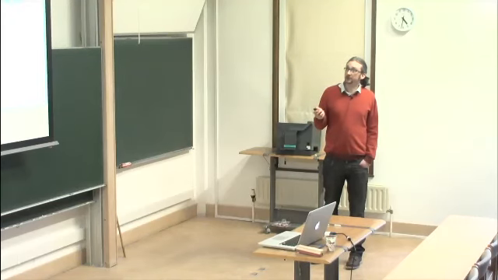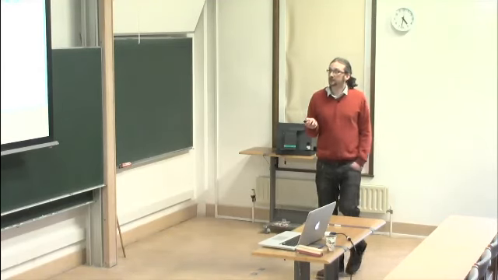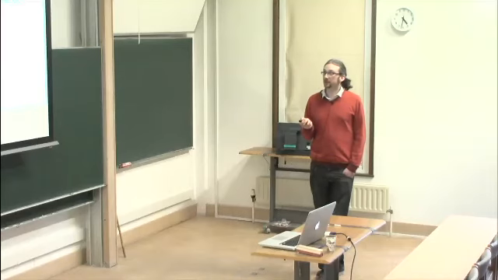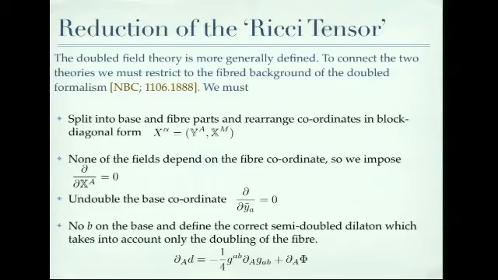Then none of the fields must depend on the fiber coordinates, so no dependence on x. And undouble the base coordinate, so only dependence on the y's and not the y tildes. So there's no b on the base as well, and we have to define the correct semi-double dilaton, which takes into account only the doubling on the fiber.